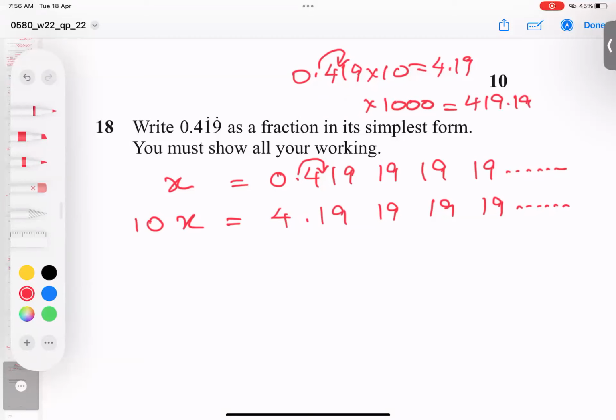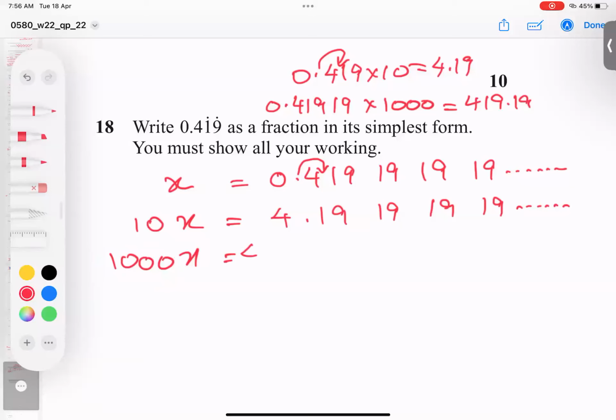I'm showing that too. Wait a minute, students. So 0.419 with 19 multiplied by 1000, you get this kind of answer. So I hope you got the idea. These 3 numbers will shift to the left side because we multiply with 3 zeros.